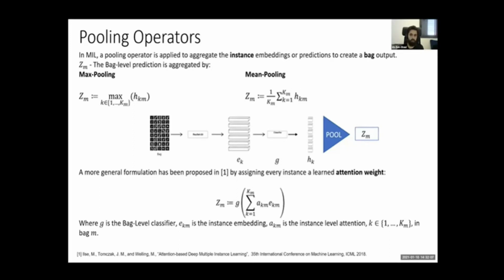In max pooling, we classify every instance and then the pooling takes the largest score amongst all of the instances. In mean pooling, we classify every instance and then we take their mean. Then there is the recently proposed deep attention-based pooling, which was wildly successful. What they did is every instance is assigned a learned weight, and then we take the weighted average of the instances.